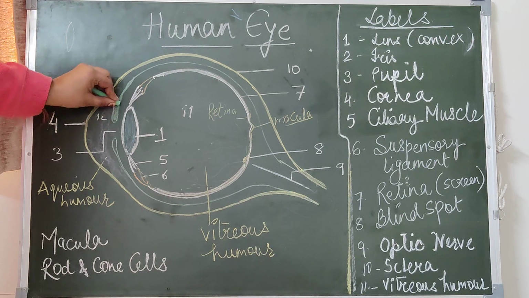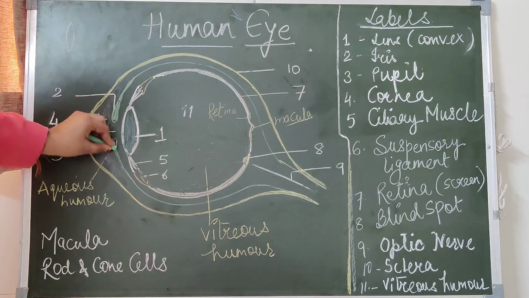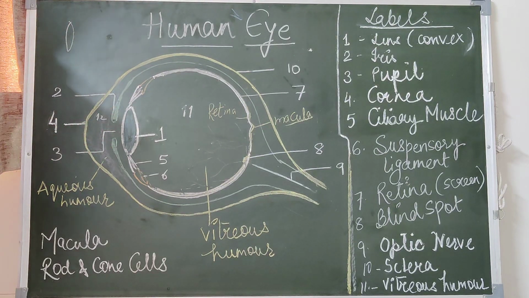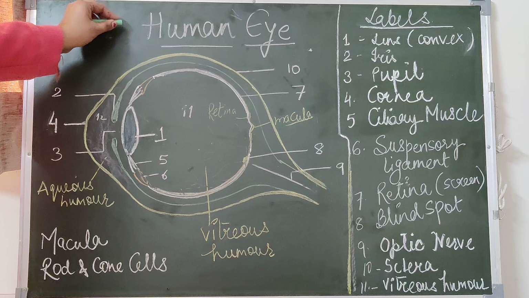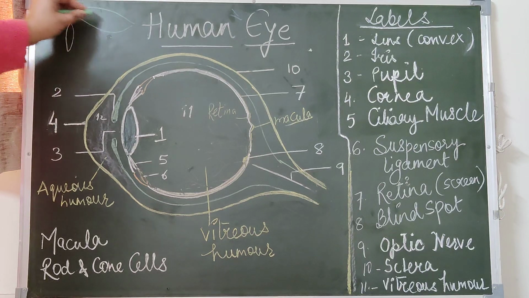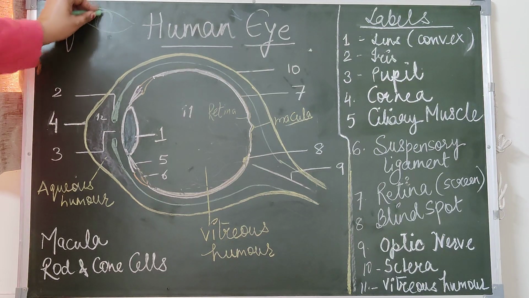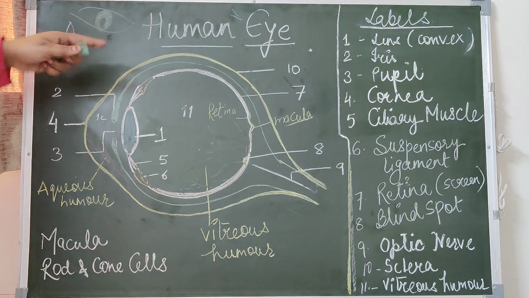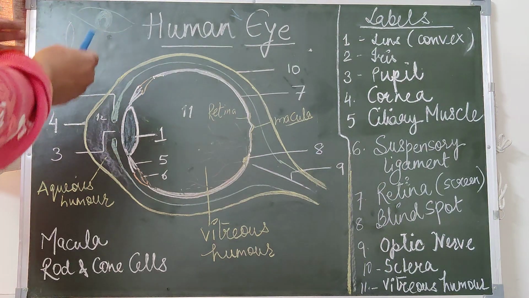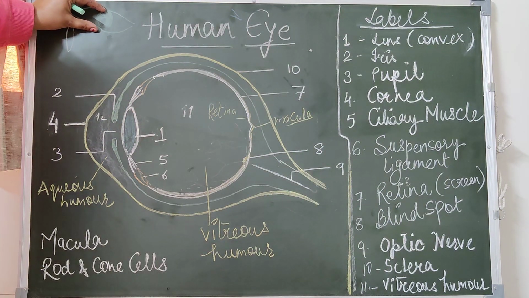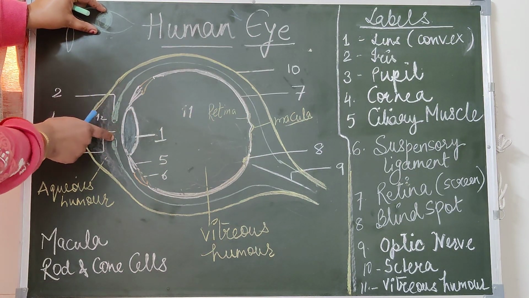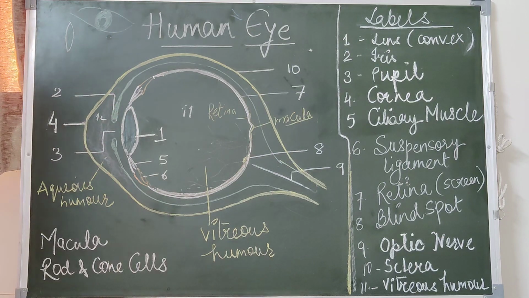This iris part is also responsible for the color of the eye. So when we see an eye like this, the colored portion, I am using the green color, this colored portion is the iris part. So when I am seeing a person in front, I will see this part, but if I see this laterally, then I will see this part only. So this is the iris part.